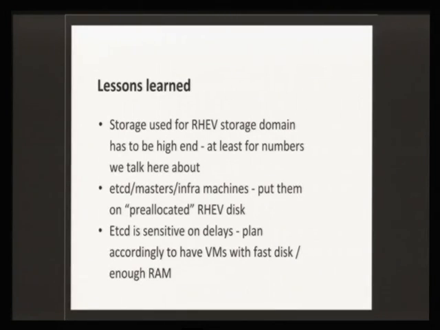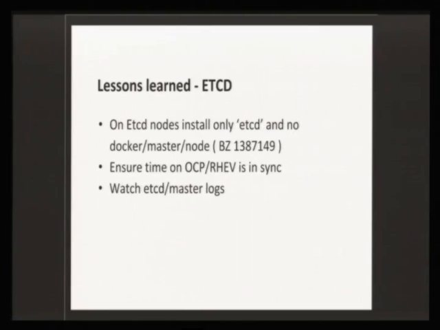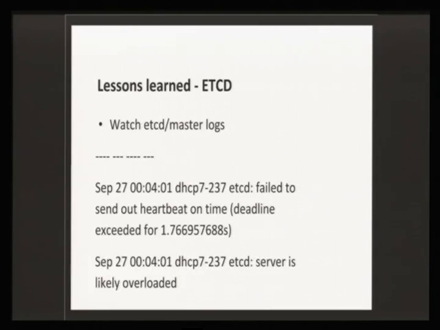If you ask me now how this is for the OpenStack case, I cannot really answer that. And etcd is quite sensitive to delays. So, yeah, if you find in the etcd logs an error message like this, it says the etcd service is overloaded. And I have seen this before I moved to the pre-allocated storage disk. Then I first thought, okay, it is a network problem.